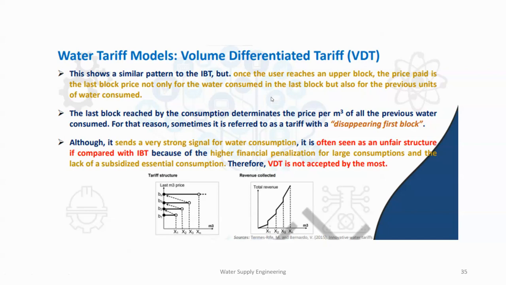That is, the last block reached by the consumption will determine the price per cubic meter for all the previous water consumed. So that is like disappearing the first block. So it is also known as disappearing first block tariff.